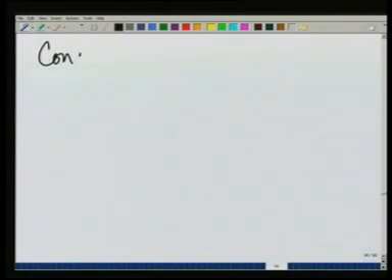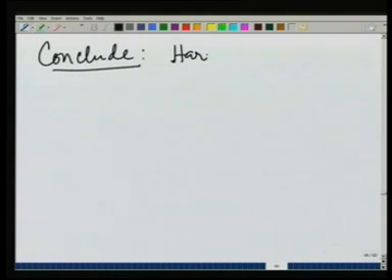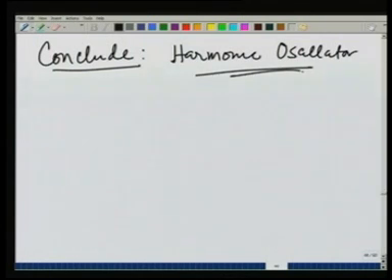So, let us conclude our lectures on the harmonic oscillator. These are some basic ideas about harmonic oscillators. This is such a robust model that you can keep doing more and more.